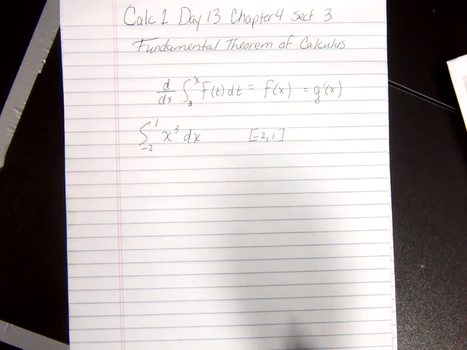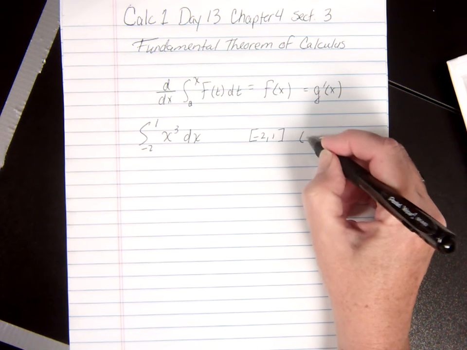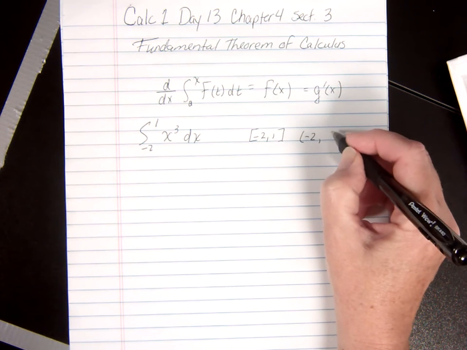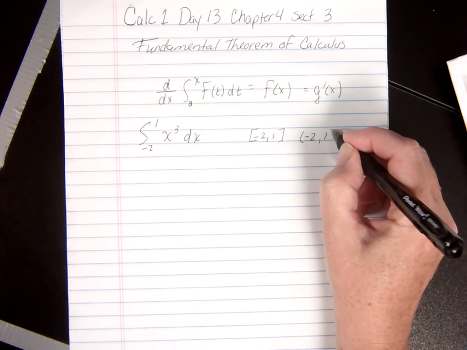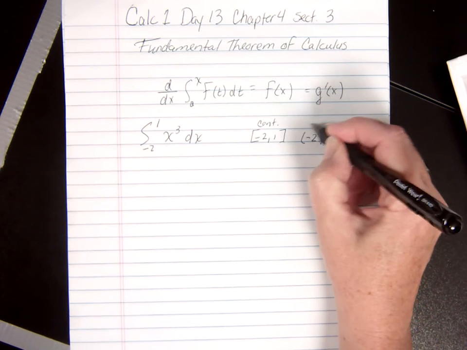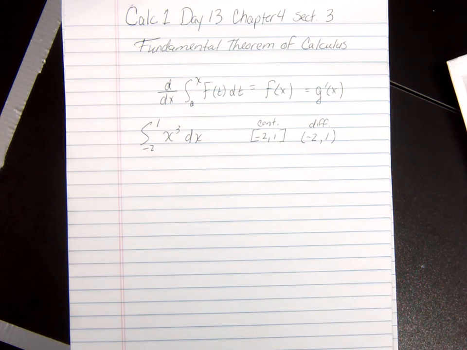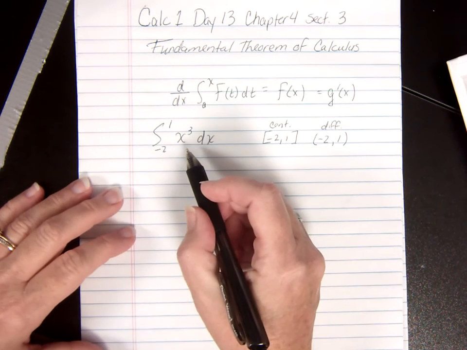As long as it's continuous on [-2, 1], then we know that we can differentiate it on the interval from -2 to 1. So continuous here, and we can differentiate here. Now we're going to use what we learned when we looked at antiderivatives a couple sections ago. I believe that was section 3.9. And we use that information to integrate here.